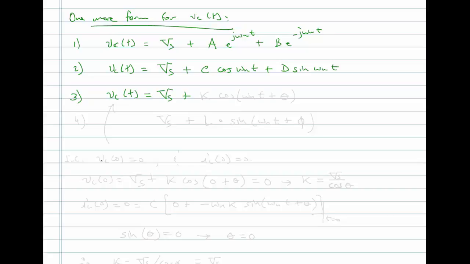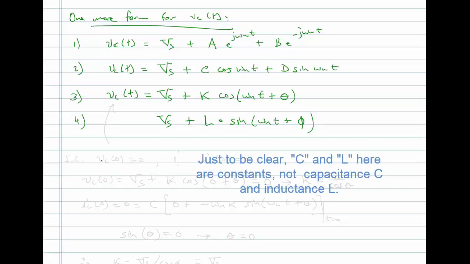Vs plus, I'll say k, times cosine of omega n t plus theta. Or we could also try L sine omega n t plus v. But we won't do both of those. Let's just try this first one.